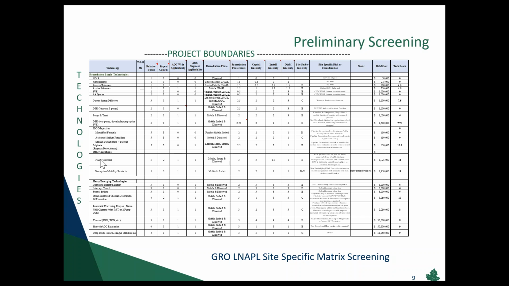And then we went through and started categorizing them by their characteristics, their strengths, and their weaknesses to try to get a big number on the right side of the page that is leading towards higher applicability for the site.